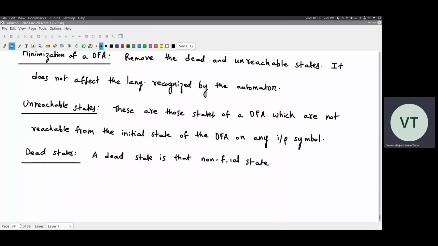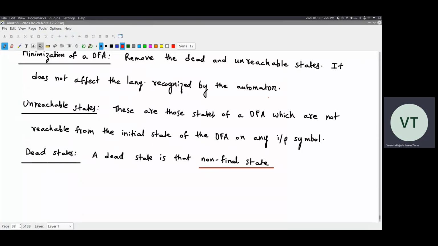It is not sufficient if the state doesn't come out. It should also be important that it should be a non-final state. Dead state, what we understand, once you reach the state, you cannot come out of the state. That is our understanding of dead state. So it will not have any outgoing arrows except maybe a loop onto itself. All right. Only incoming arrows and then looping on itself, no outgoing arrows.